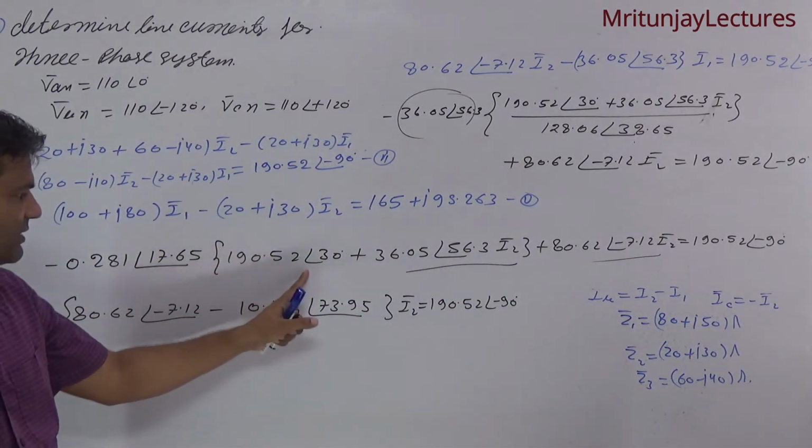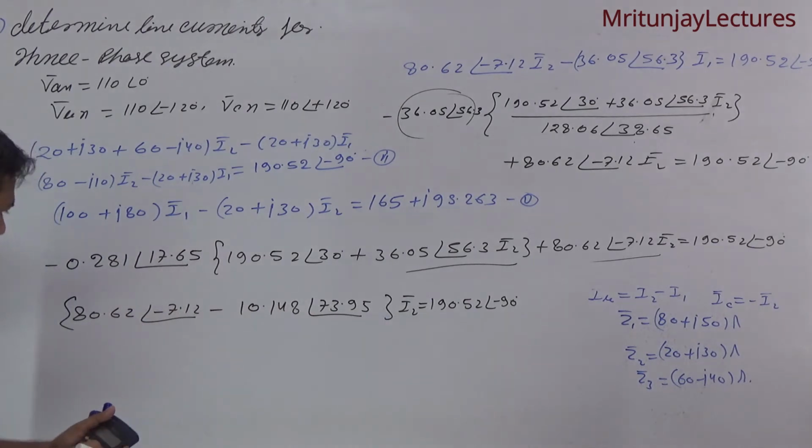into this one, multiplication of this one and this one, that is 0.281 at the angle 17.65 into 190.52 at the angle 30 degree.